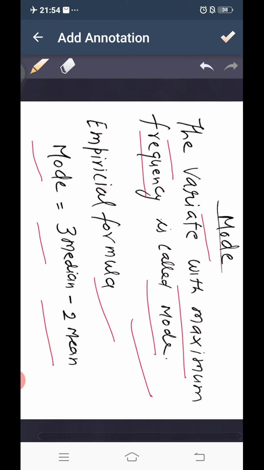In this case, first of all we find out median, then mean, and then we apply this formula to get mode. So when we have more than one variate with the same maximum frequency, we apply mode equals 3 median minus 2 mean.